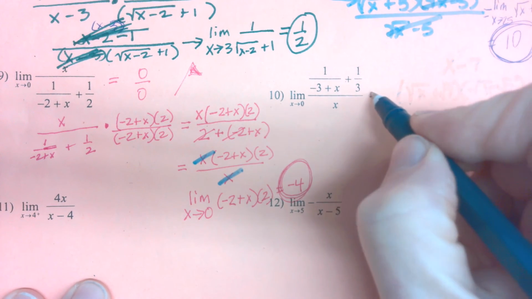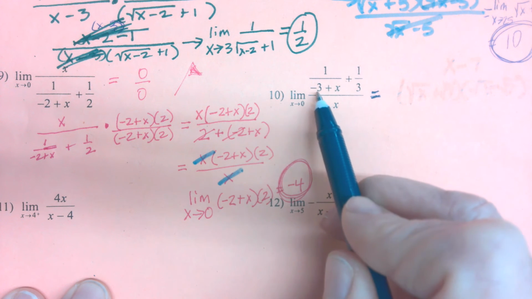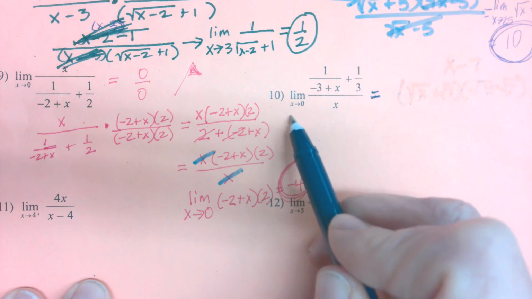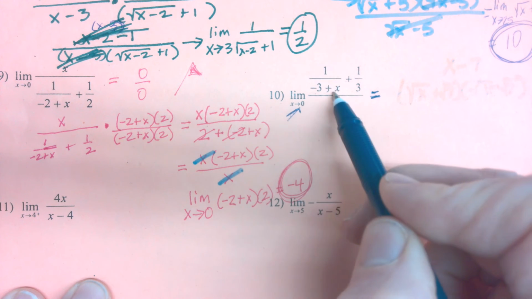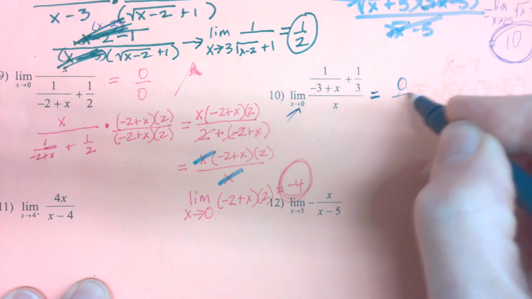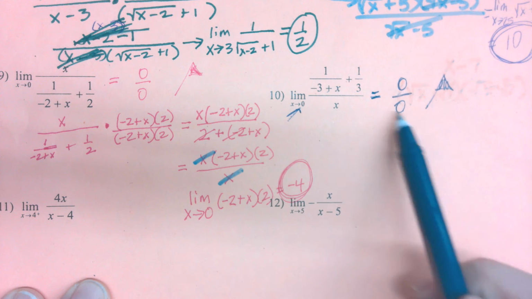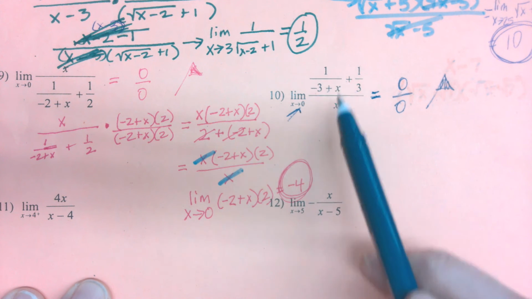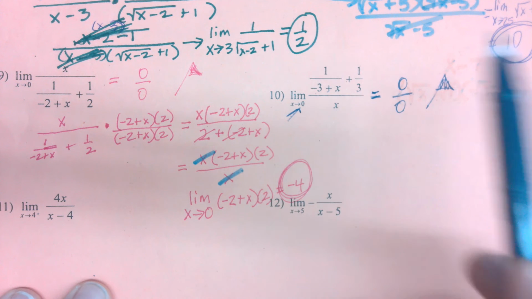Again, when I plug it in, I should end up with 1 over, I'm not approaching infinity, so I just plug it in. 1 over negative 3 plus 0, which is negative 1/3, plus 1/3 is 0 over 0. A red flag pops up, but I can't factor. I can't use the conjugate, so I'm going to have to simplify.